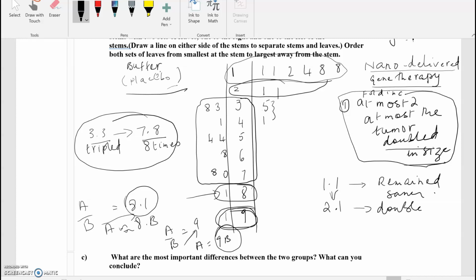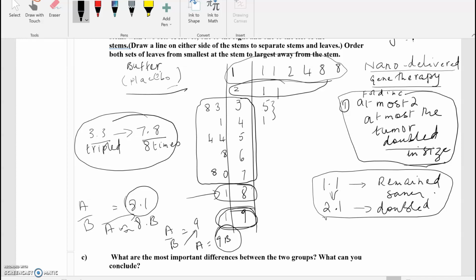There were a couple of tumors that doubled in size. And this was the range of values. Although it doesn't look great, but when you compare it to no treatment at all, you can clearly see that the gene therapy treatment at least controlled the growth of the tumor.